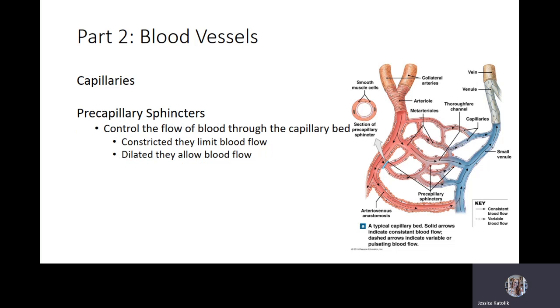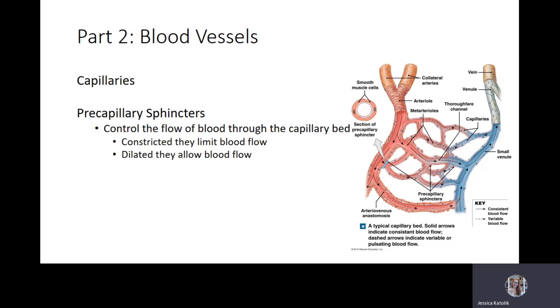At the beginning of these capillary beds, we're going to have precapillary sphincters over here. These precapillary sphincters are going to be circular muscles that can constrict and dilate, and these will limit blood flow to a particular capillary bed, and along with the arterioles can limit the amount of blood flow going to specific areas of the body.